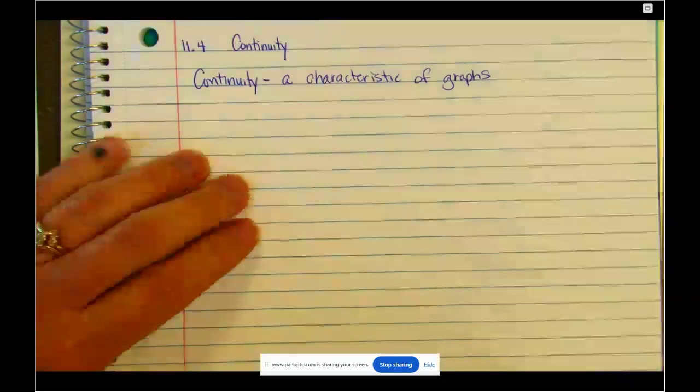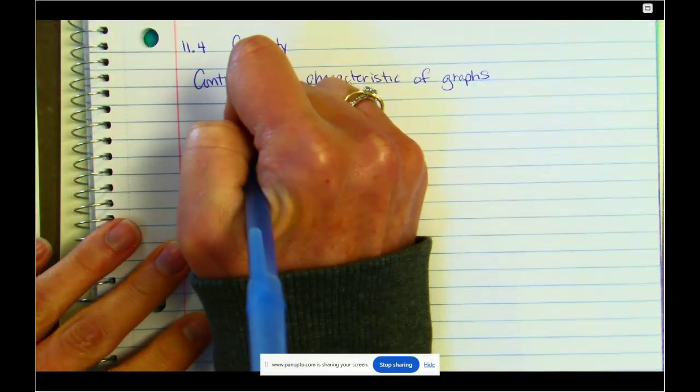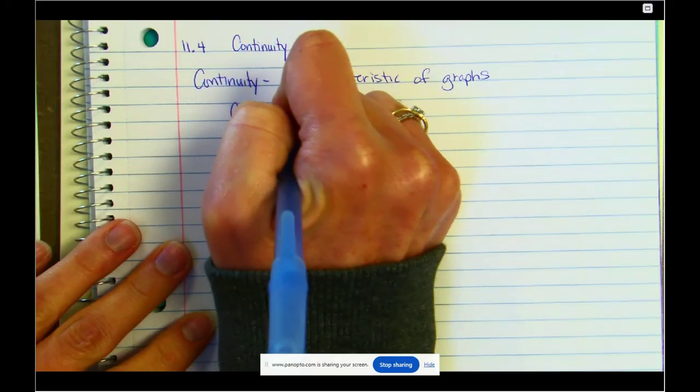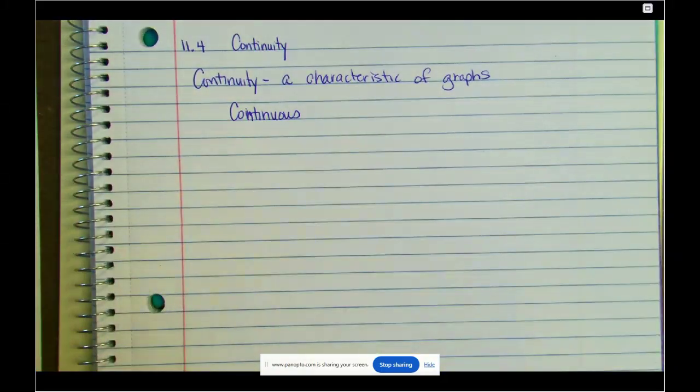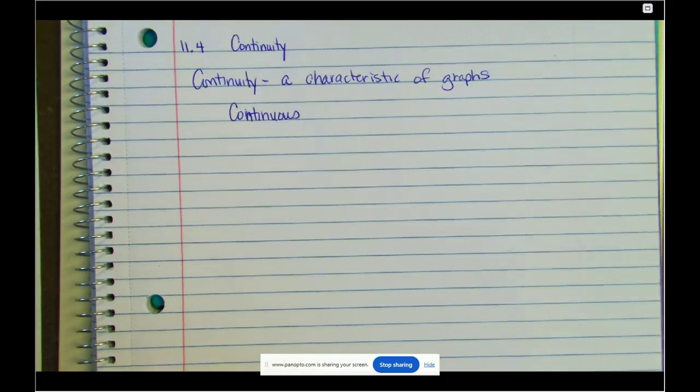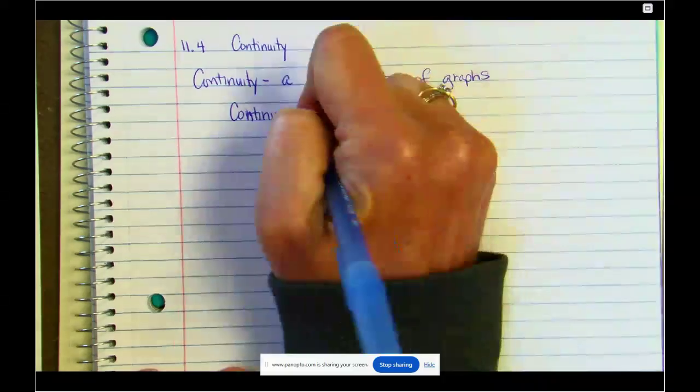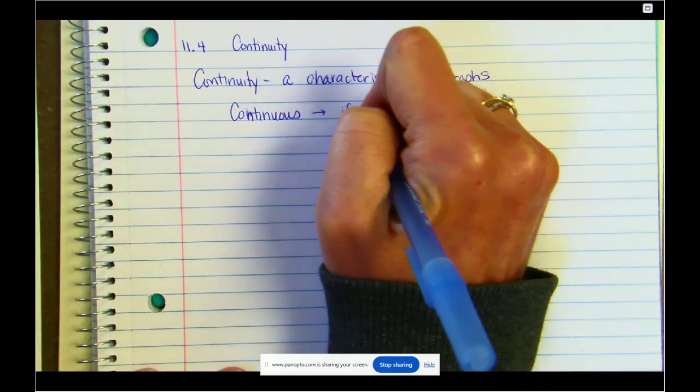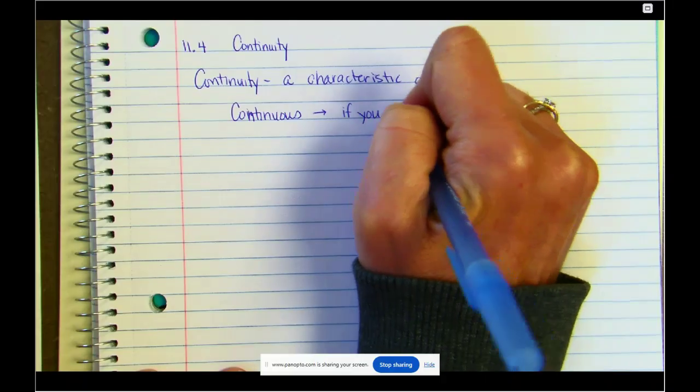So continuity is a characteristic of graphs. The root word is continuous. So a graph is continuous. I'm going to give you the non-mathy definition. So a graph is continuous if you can draw it without lifting your pencil.